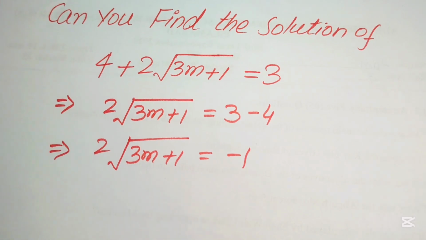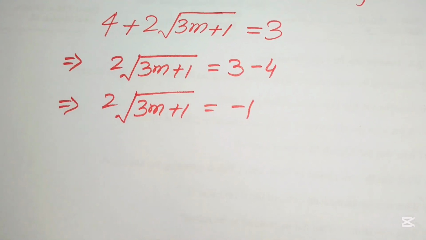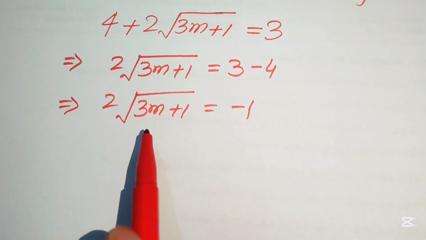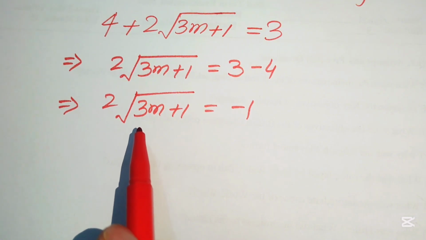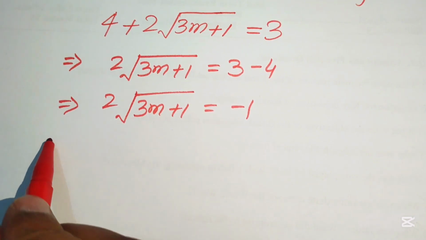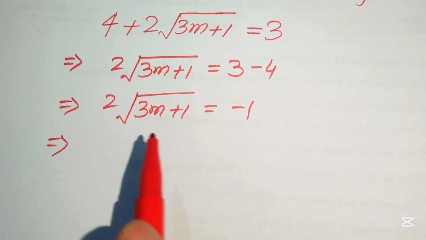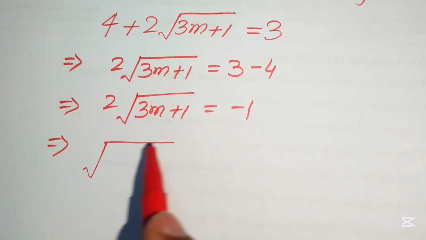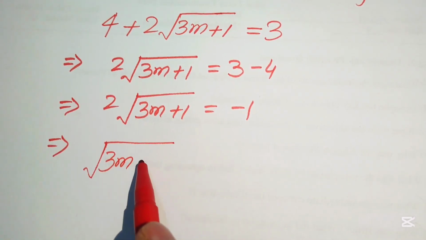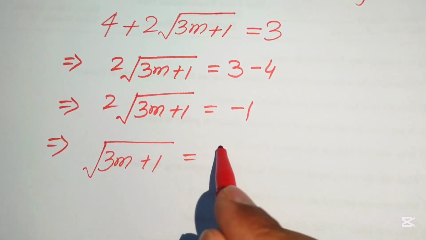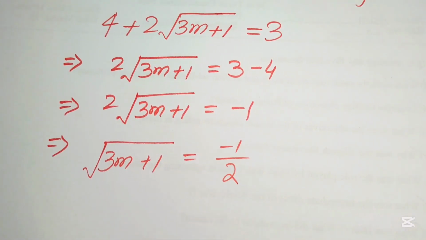For your satisfaction, I can solve this and find the value of m, and after that I can check whether it satisfies the given equation or not. Now we move this 2 to the right hand side, and it will be written as the square root of 3m plus 1 equals minus 1 over 2.